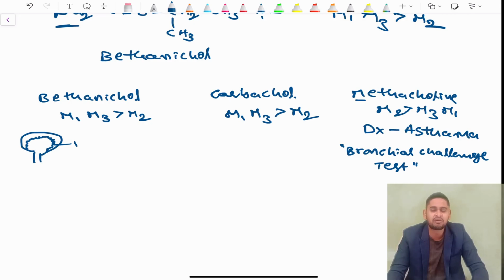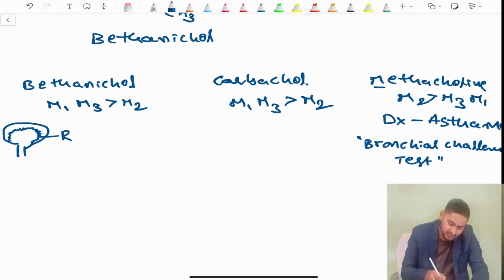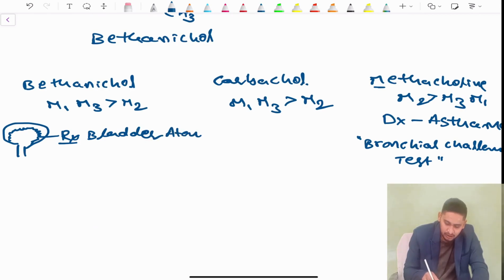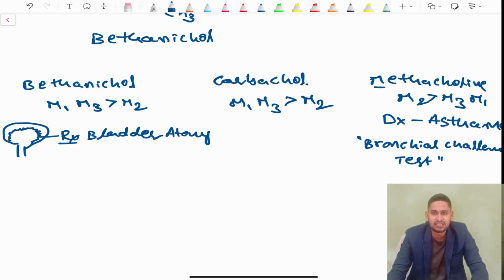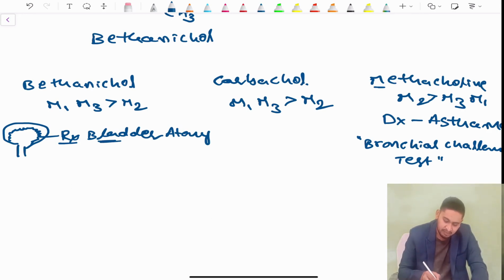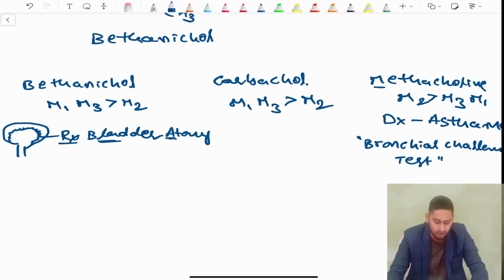This condition could be treated with bethanechol. It is called bladder atony, where atony means absence of contraction.